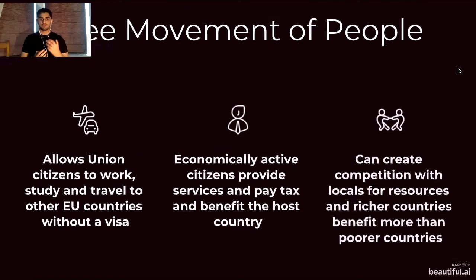There's two problems with the free movement of people that's been highly controversial in recent years. The first one is there's this idea that it can create competition with locals, having lots of foreigners coming in to a country, that it can create competition with locals for resources such as educational facilities, healthcare, and housing. Now, I don't particularly know how much evidence is behind that.